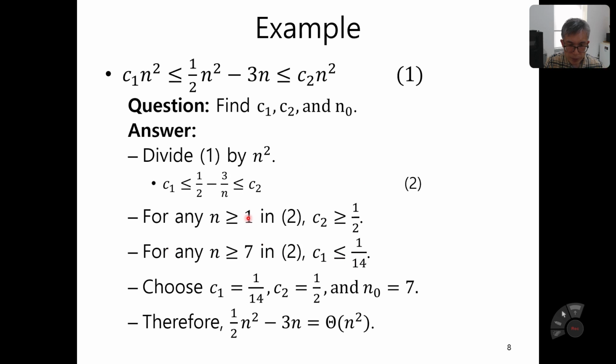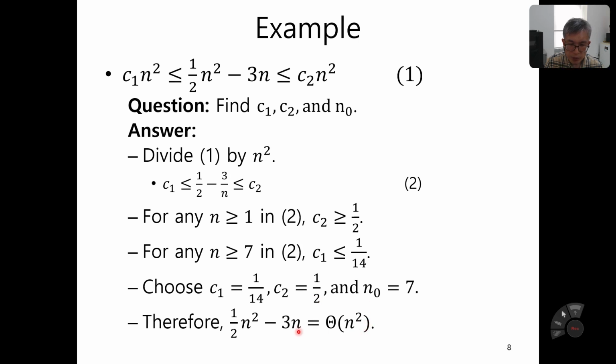So for n greater than 7, we can say the threshold is 7, and we satisfy both conditions. And we can pick c1 in this range, 1 over 14, and c2 as the bound 1 over 2. So according to the definition of theta, with a certain threshold n0, and also positive constants c1, c2, eventually we can say this is g(n).